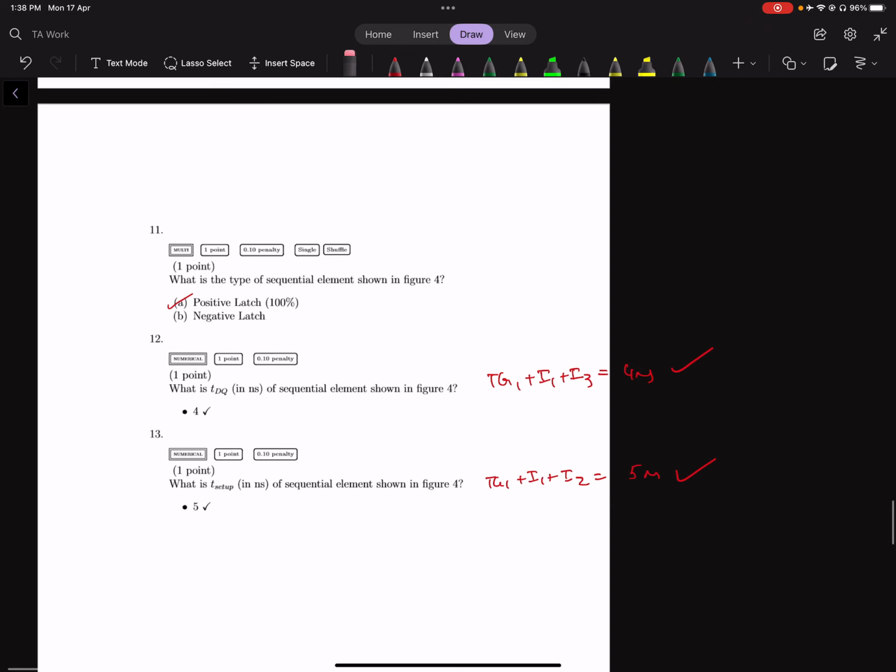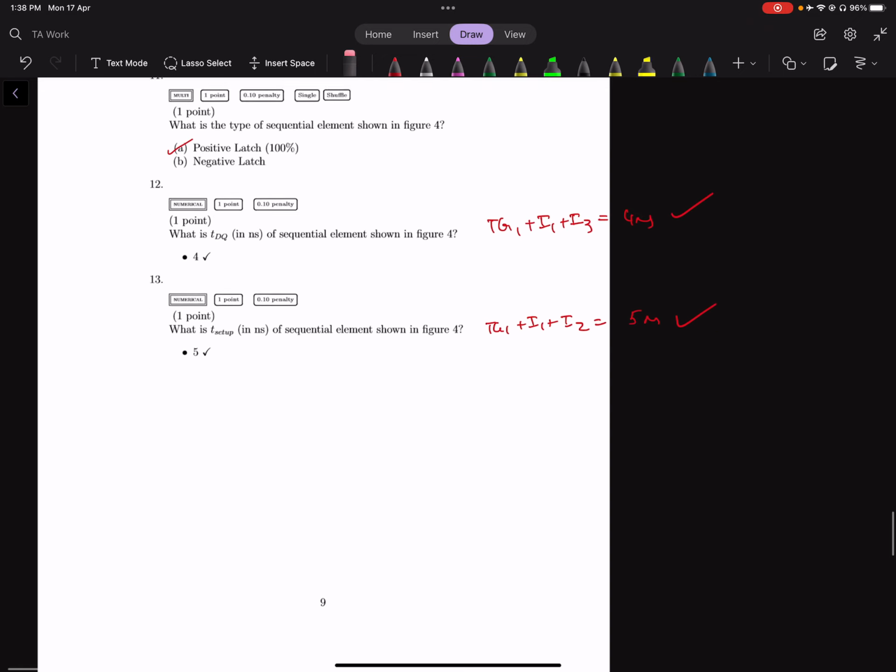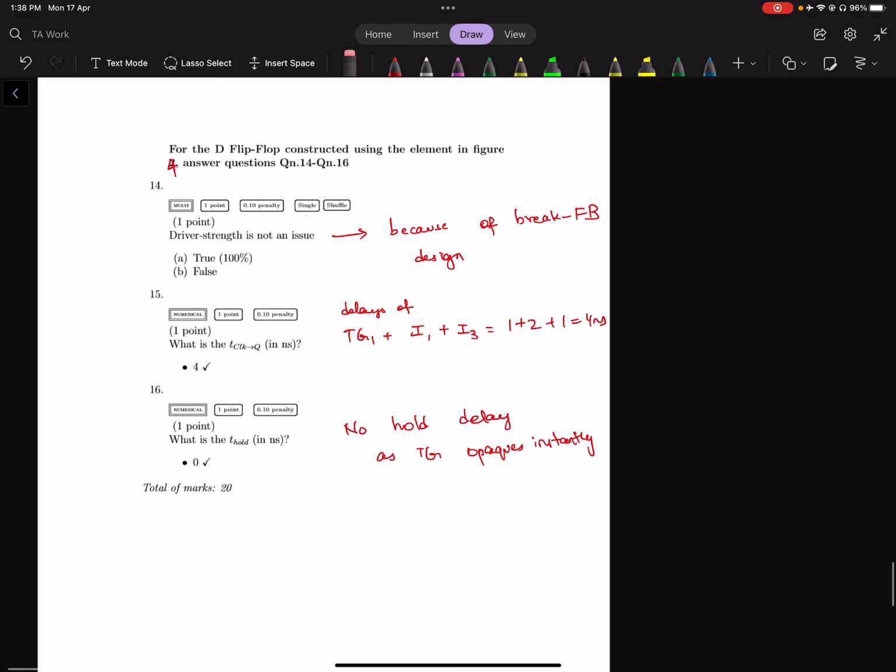This comes out to be 5 nano. And driver strength is not an issue. Yes, because of the break feedback design, the driver strength is not an issue. T clock to Q is just going to be the TDQ.